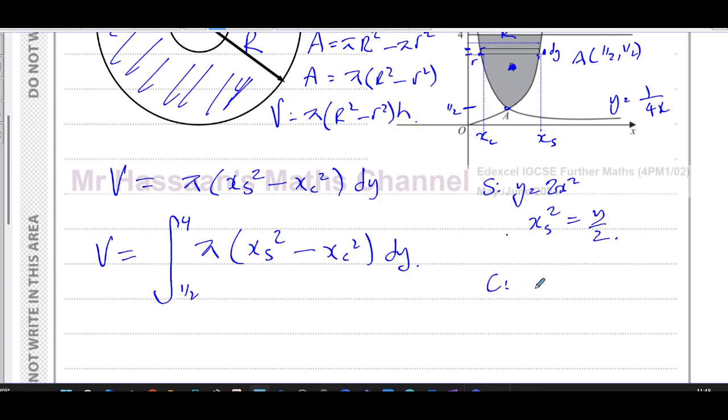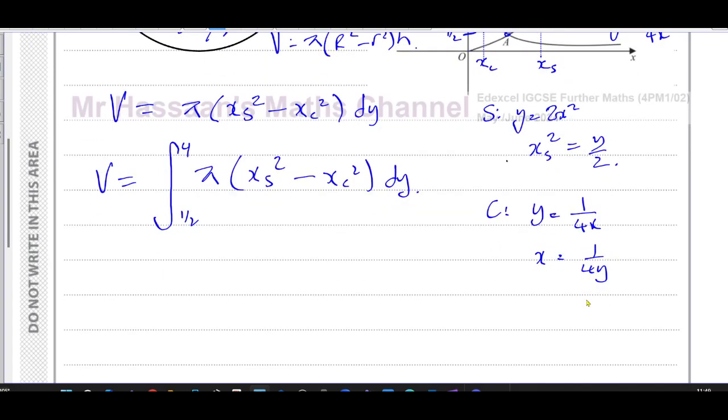And for C, we have y equals 1 over 4x. If we make x the subject of this, you have x equals 1 over 4y, just rearranging that. And we want x_C squared, so we're going to square this. You have 1 over (4y) squared, which is 1 over 16y squared, which we can write in a more friendly way as 1 over 16 times y to the power of negative 2.